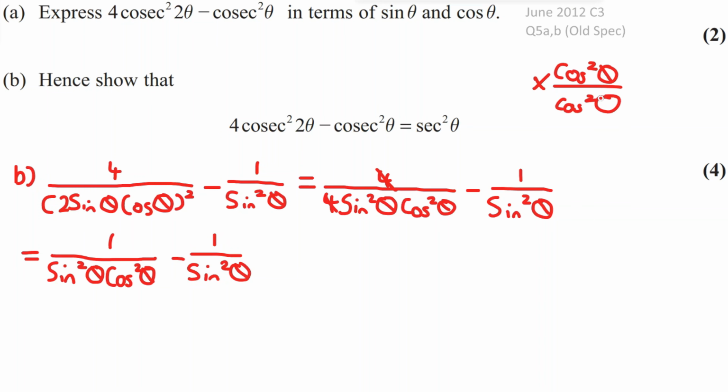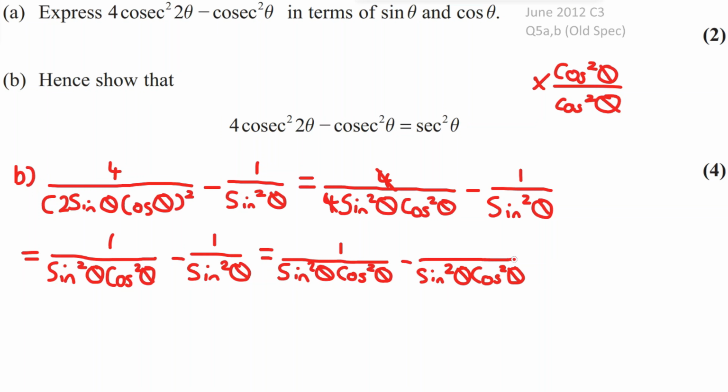Cos squared theta over cos squared theta is 1, so we're not affecting the value of the fraction. But if we do this, this part here is still the same, and then it's going to be minus, and the denominator is going to become sin squared theta cos squared theta. And then the numerator is going to become 1 times cos squared theta, which is cos squared theta, like this.